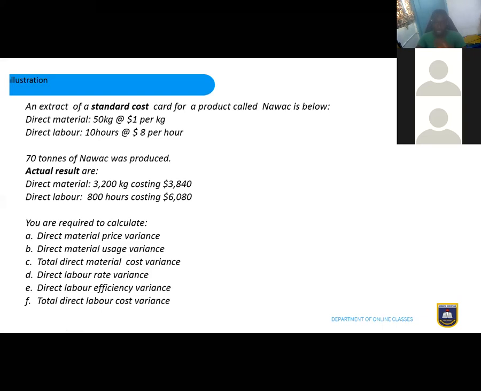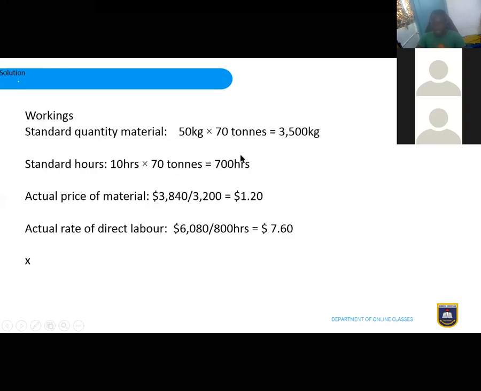So you must multiply the 50 by the 70 tons, and we get 3,500. Just jot it somewhere: for standard quantity of material used and standard hours used, I need to multiply.